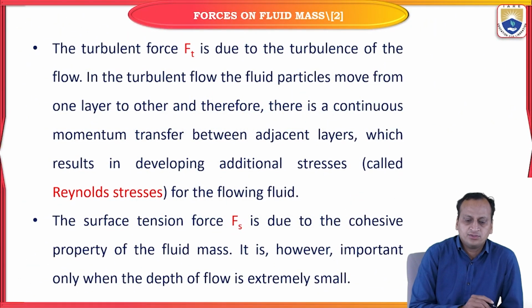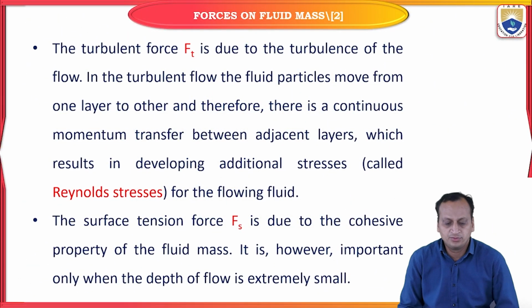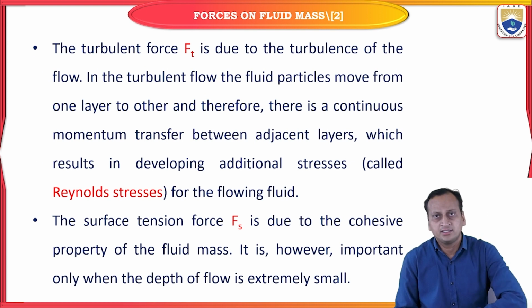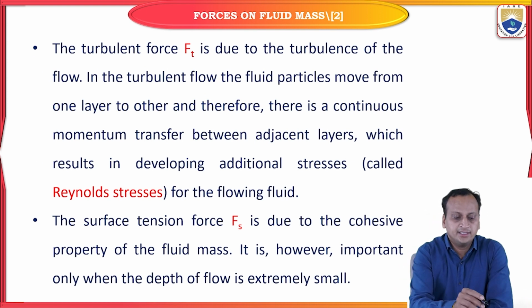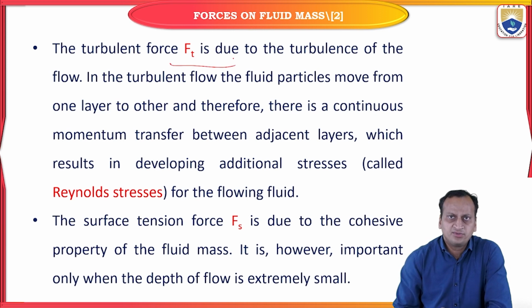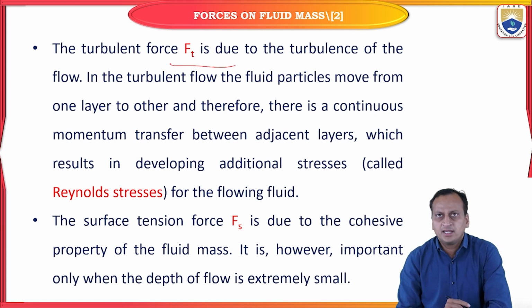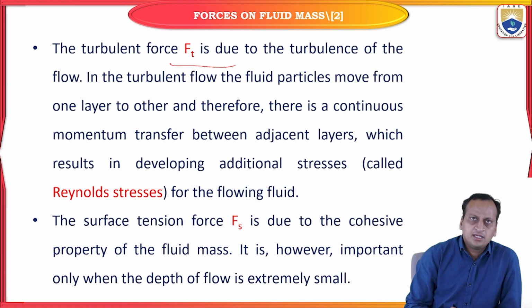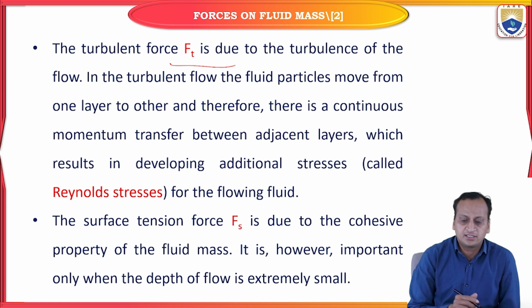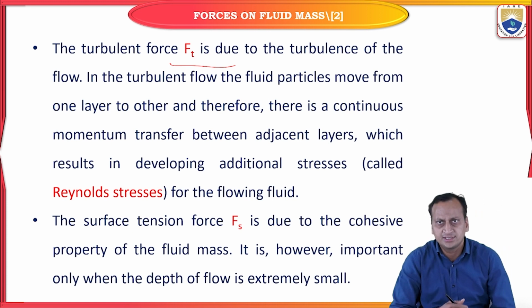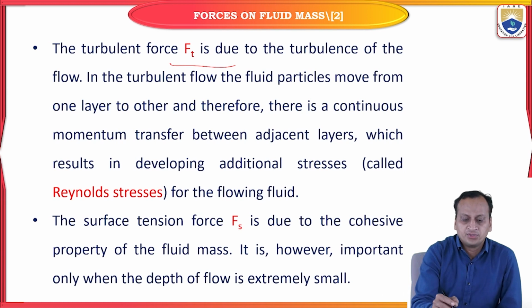That is also one of the forces to be included while analyzing fluid dynamics. And the turbulence force is the force due to turbulence, when the fluid particles move in randomized directions. In that case, forces will be generated, and that is nothing but turbulence. Due to turbulence, there will be a force.